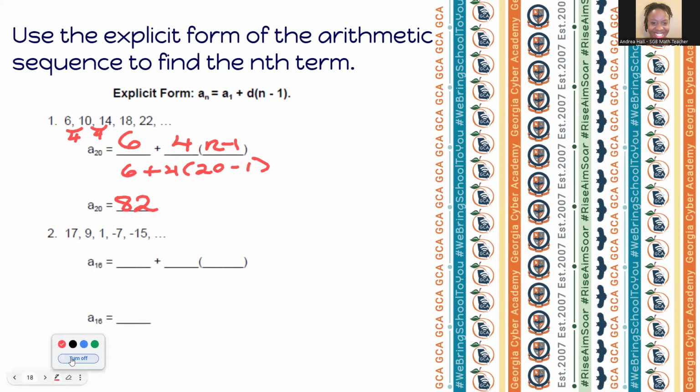All right, and then for this next one, a sub 1 is 17. My common difference was -8, so that's going to be -8 here, parentheses, n minus 1. But now I'm going to plug in 16 for n. And plus -8 is just minus 8. 16 minus 1. So I'll get my calculator again.